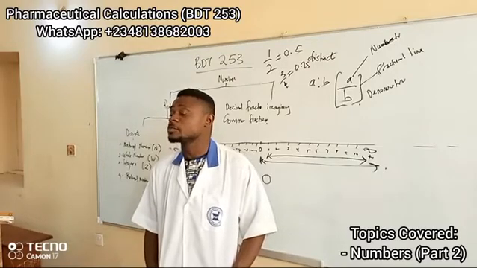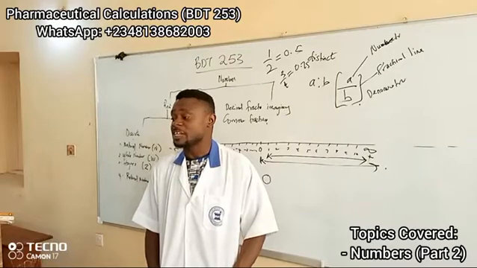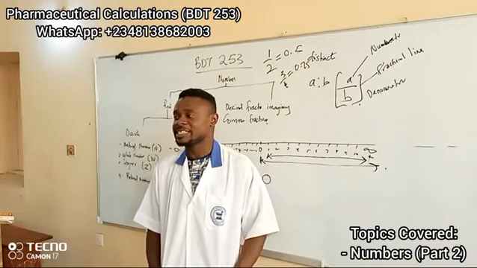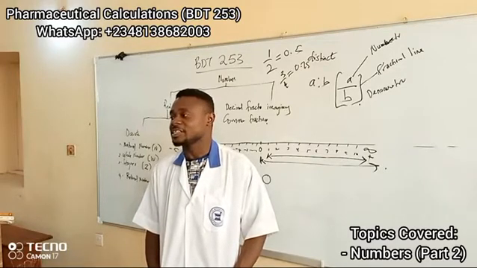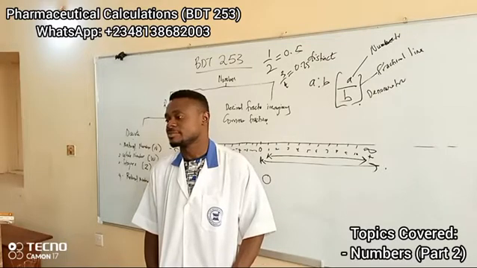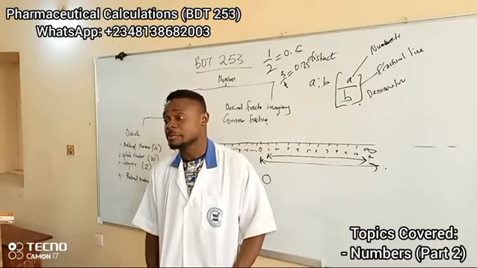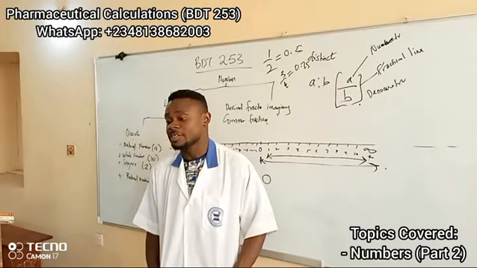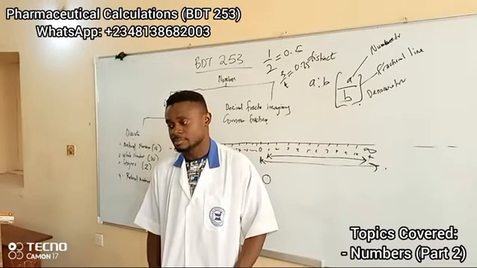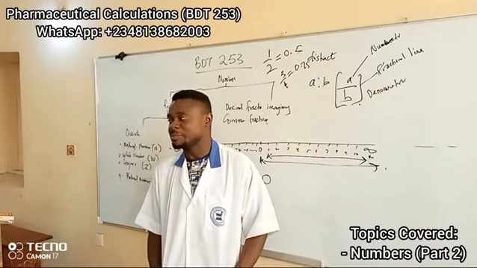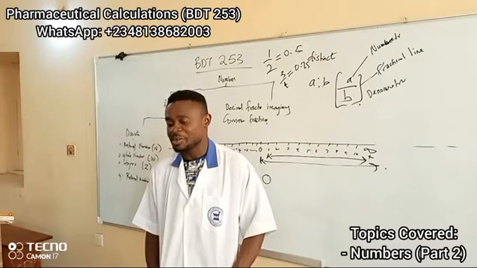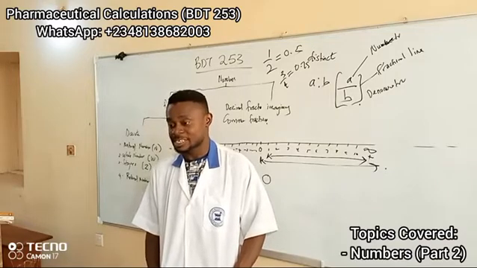Okay, now let's continue. In decimal fractions, we have terminating decimals and recurring decimals. Terminating, and recurring. Two of them are still rational numbers.